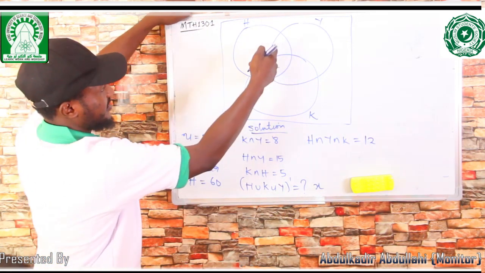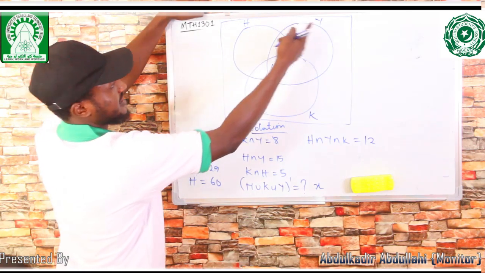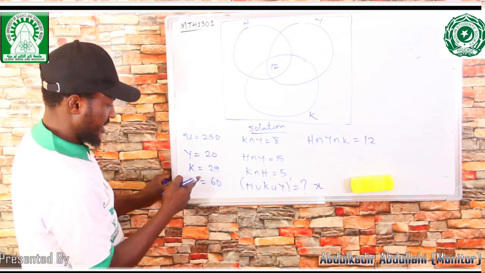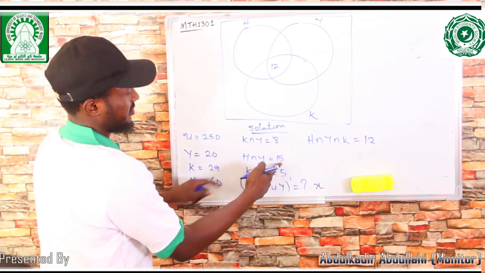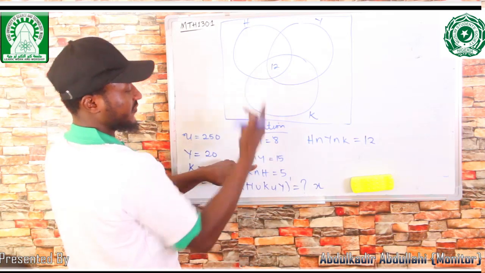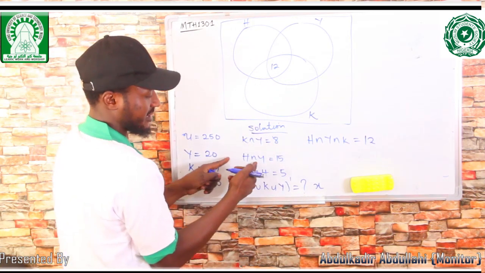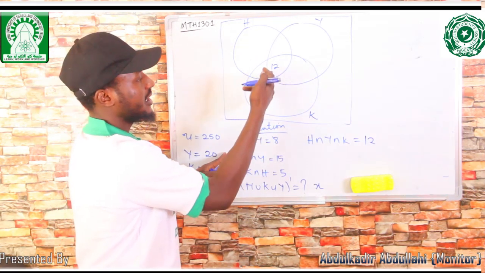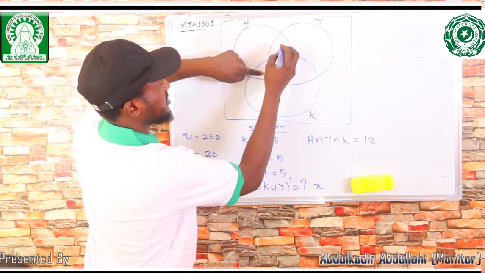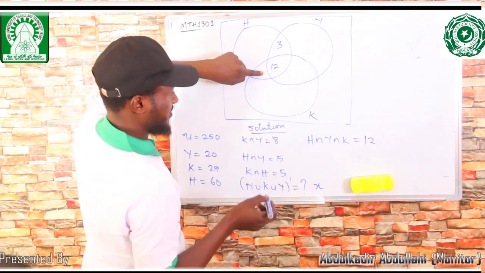Next is H intersection Y. We are given 15, but we are not going to write 15. As I explained, you have to subtract the intersected value of all three from whatever you are given. That is 15 minus 12, which is 3.